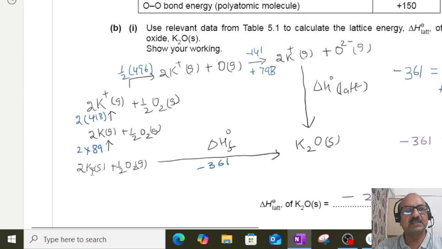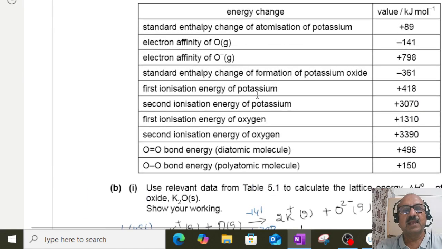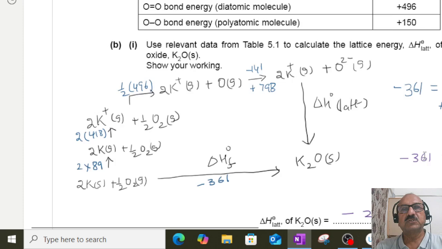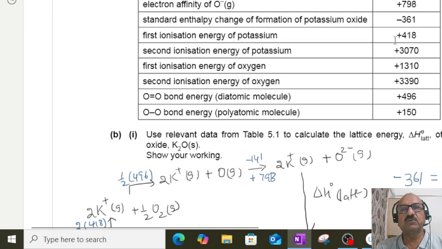So you can say that first we change potassium solid to potassium gas. That is the enthalpy of atomization for 2 moles. It's 2 times 89. And then we ionize 2 moles of potassium, so we take this value, 418.